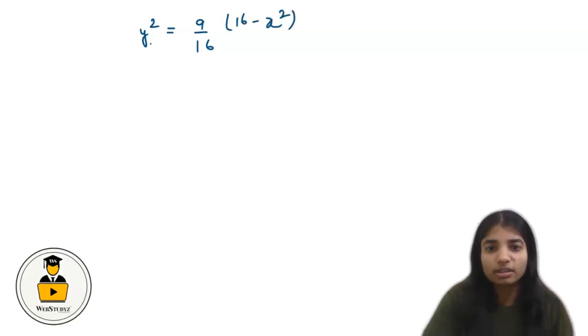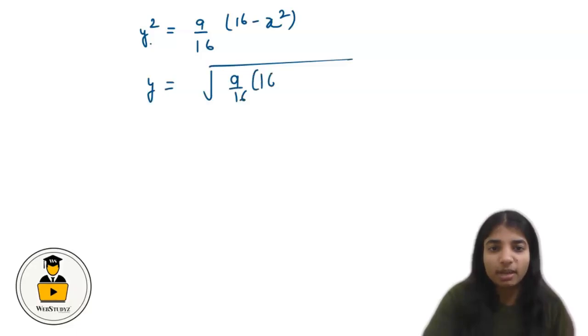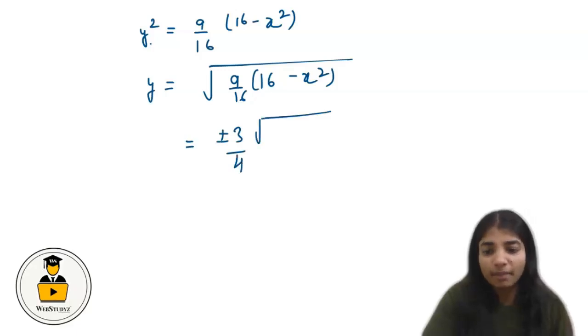Now y square is here. We can take y equal to the square root of this term, that becomes 9 divided by 16 under root of 16 minus x square. The square root of 9 becomes plus minus 3, and that of 16 becomes 4, multiplied by the square root of 16 minus x square.